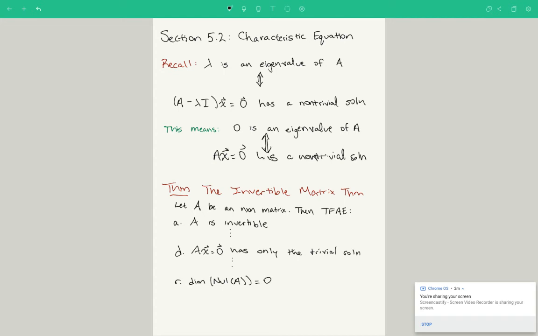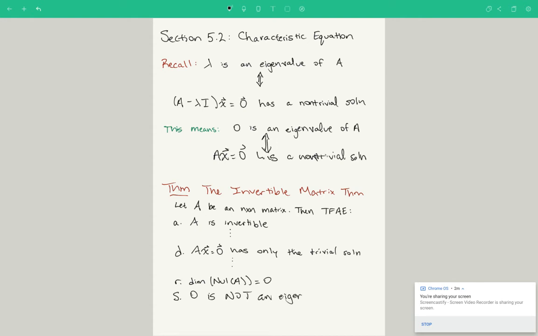Again, I've reproduced a couple of things here. The last time we left off with this was part R, where we were talking about dimensions of null spaces and column spaces. Now we'll add on a part S. Since 0 being an eigenvalue means that A is not invertible, part S says that if A is invertible, then 0 should not be an eigenvalue.